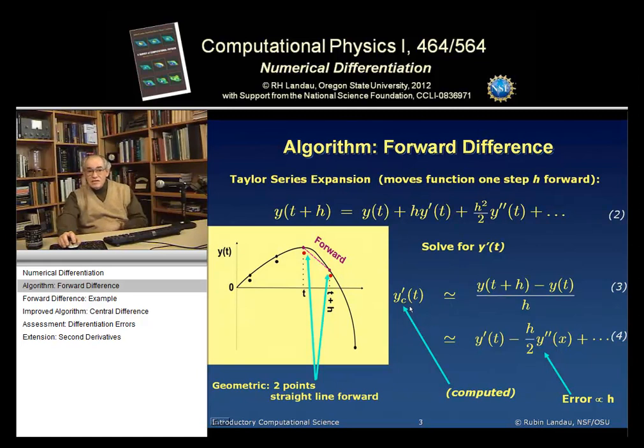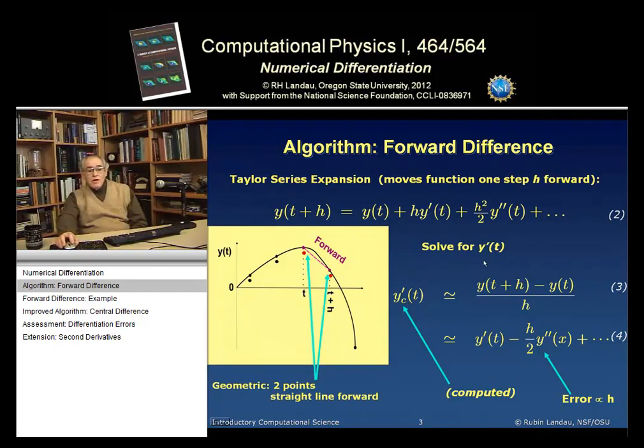The C here means the derivative on the computer. Okay, so C prime, our algorithm, what we would compute as derivative by taking the function at a time t plus h, subtracting the function value at the original time t, dividing by h, that's the definition, is approximately equal to, and now we use the Taylor series, the actual mathematical value of the derivative with a correction term.